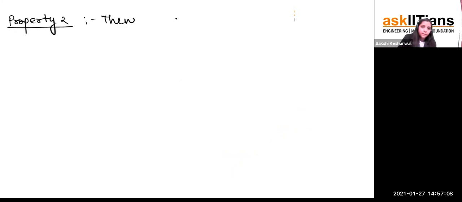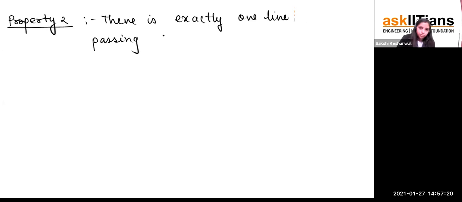Coming to property 2. It says that there is exactly one line passing through two distinct given points in a plane. Distinct means two different.